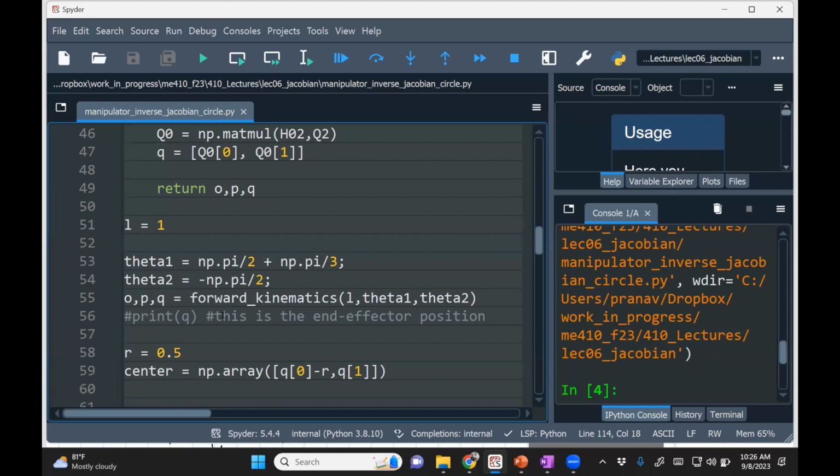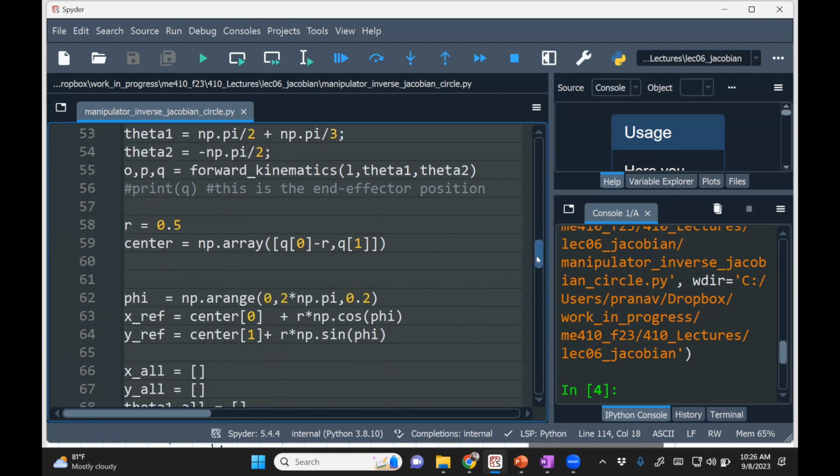I do forward kinematics: given theta1 and theta2, it computes where the end effector is. I specify some r and the center of the circle. I need to be careful to ensure that the starting position is one of the points on the circle. If it is not, it's going to do something crazy to begin with, and that will mess up everything. That's one precaution you need to take.